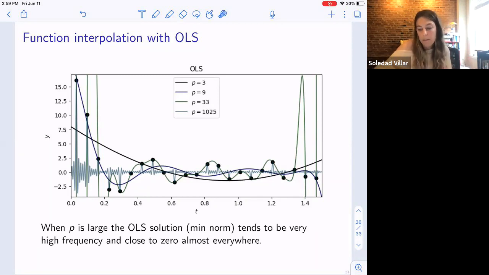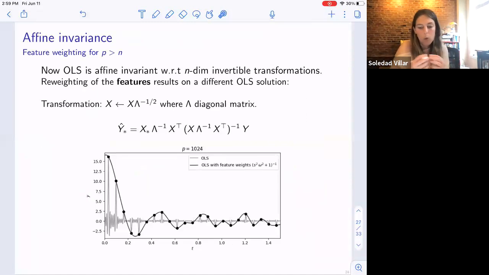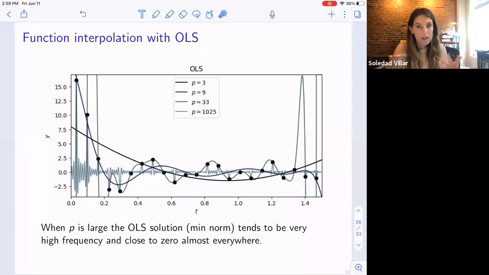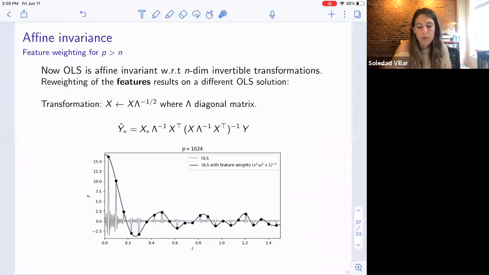However, if you do something like what people do with weighting the features, similar to what Laura was discussing before, but not the same: if you weight your basis functions that have high frequencies with a smaller weight, say your weight decays like 1 divided by w squared, where w is the frequency, then you obtain a very smooth interpolation.